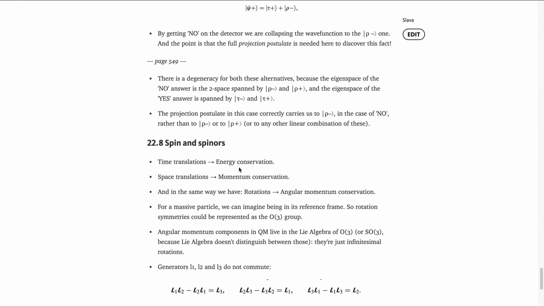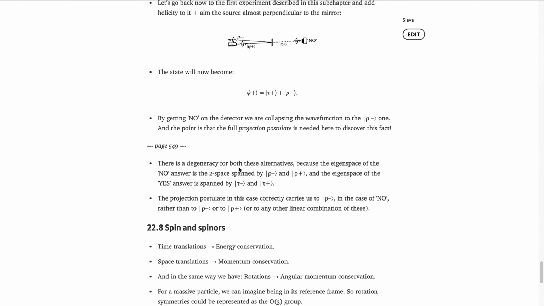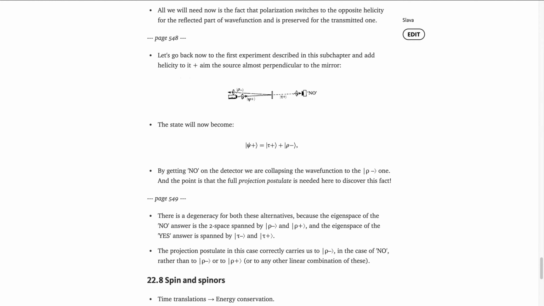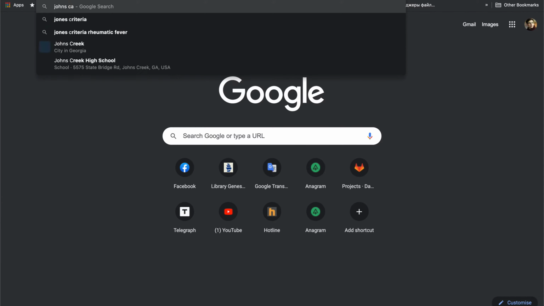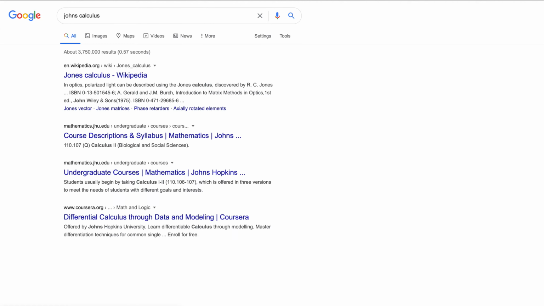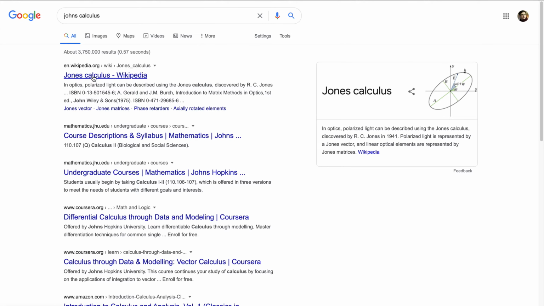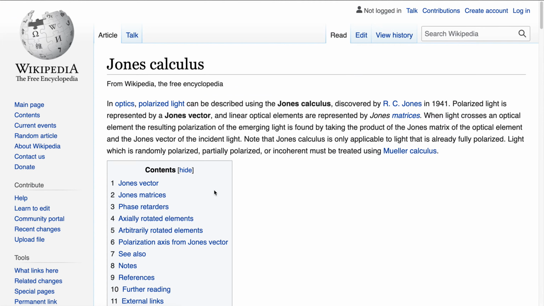I wanted to mention one thing just quickly. I can't remember if it's in this book or not, but I came across something called Jones calculus for optics. I don't know if you've heard of it. I think it's a classical optics theory, but it represents states using complex vectors, and you can change the state of vectors using matrix operators.